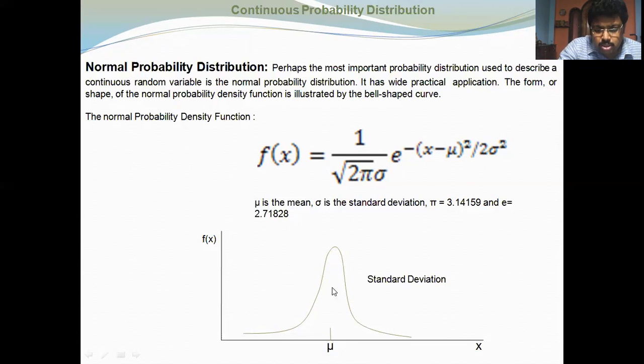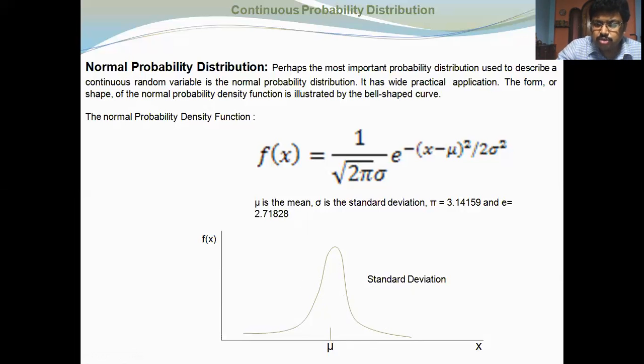And the width of the normal distribution curve is nothing but the standard deviation. Standard deviation determines the width of the probability density function.